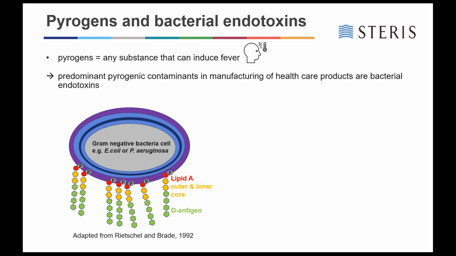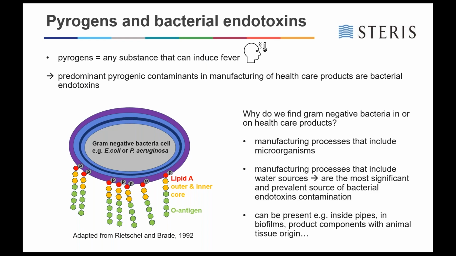In reality, these cells have very complex multi-layered membrane systems, and the lipopolysaccharide itself attached to the outer membrane consists of an O antigen, a core structure, and the lipid A. And the toxic component, which is responsible for the most toxicity in this whole molecule, is the lipid A component.